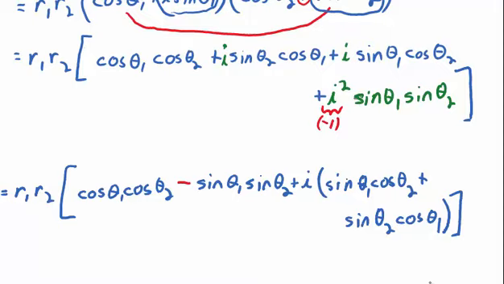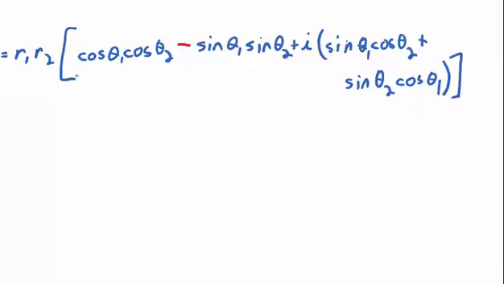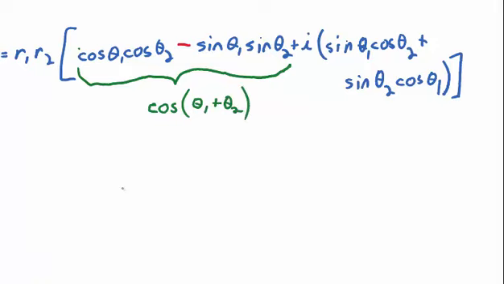It still looks ugly, but do you see any identities anywhere? What would this guy equal right here? It's actually a sum identity. But which one? Cosine or sine? Cosine of theta 1 plus theta 2, right?